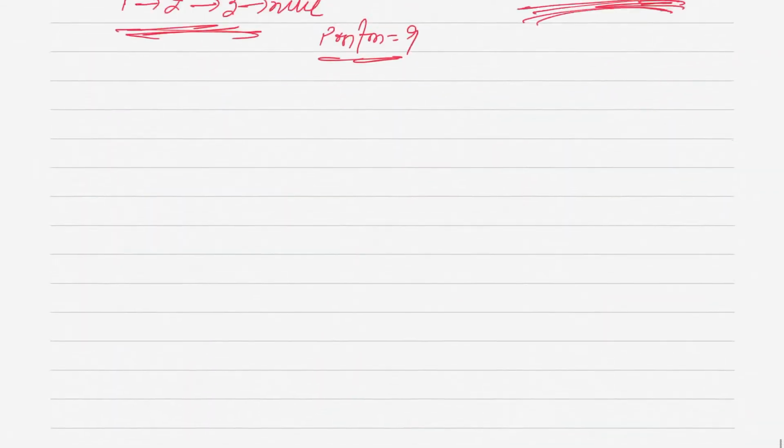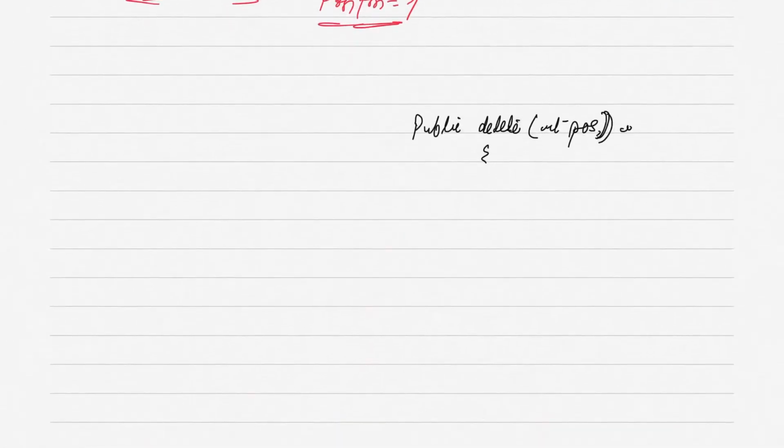So the method is going to look like this: suppose public delete, and you have been given one position, a specific position value you have to delete.